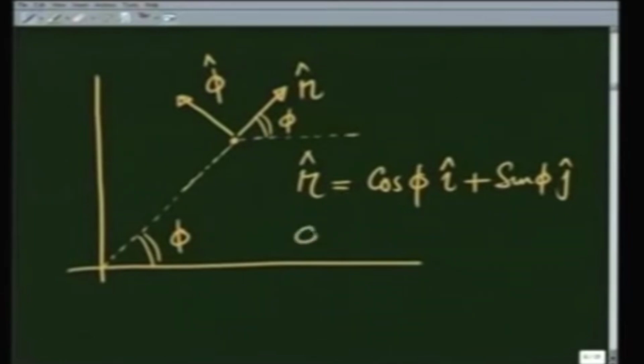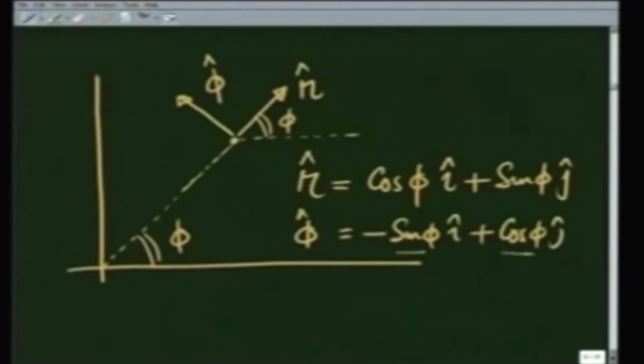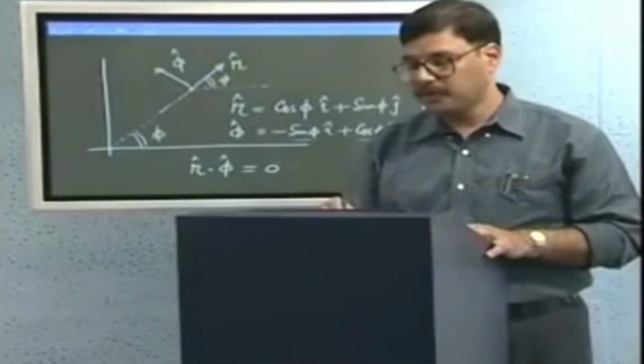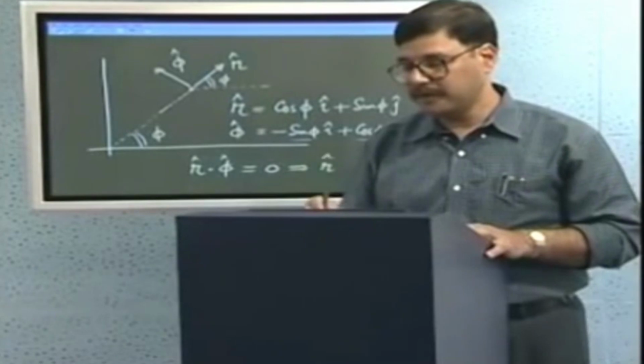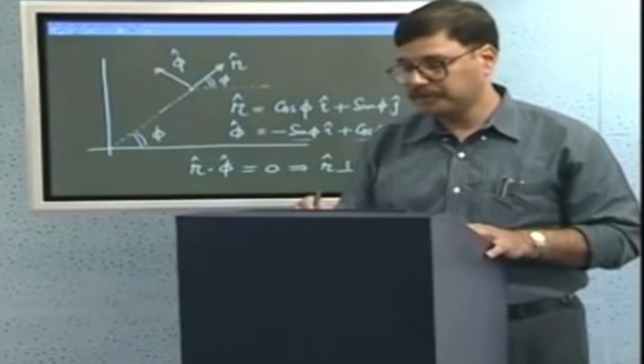Similarly, unit vector phi is going to be equal to minus sine of phi i plus cosine of phi j. Again, the magnitude of phi unit vector is sine square phi plus cosine square phi, which is 1. You can also see right away that r dot phi, that is their dot product, is equal to 0, which implies that the two unit vectors are orthogonal to each other.